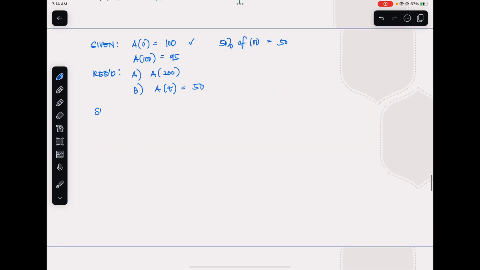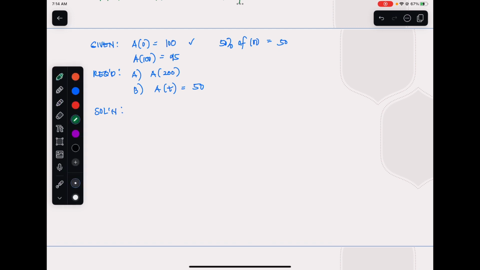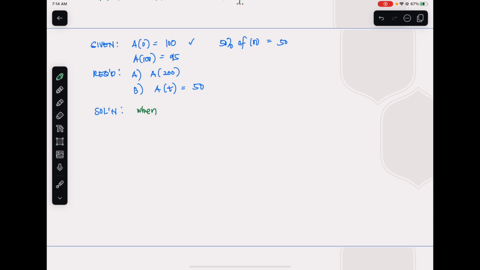And we proceed with our solution. Originally, when time equals 0, A is equal to 100. I guess you were able to notice this already, that when time is equal to 0 for growth and decay problems, our C is always the value of A, which is equal to 100.